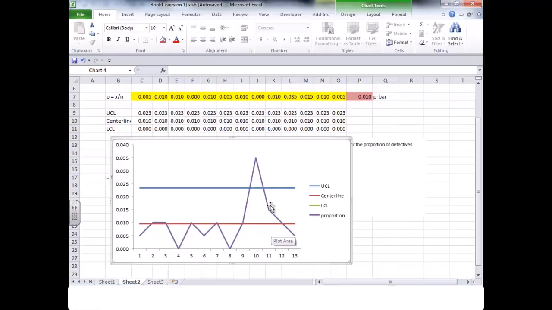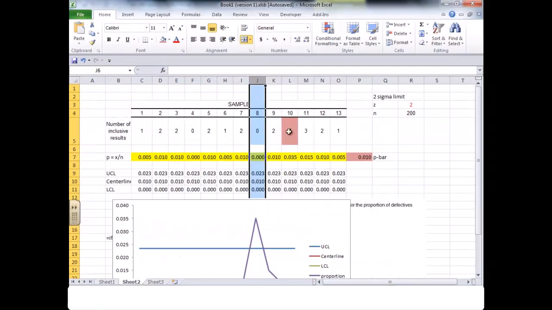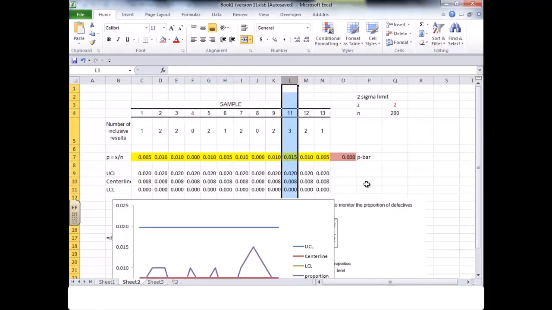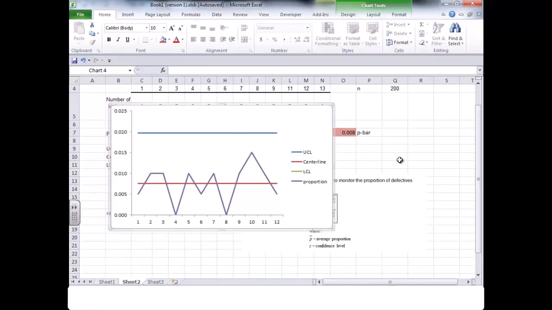To recompute the revised limits will require a simple delete operation. There you go. Now you've established a better control or standards for future MRI readings.